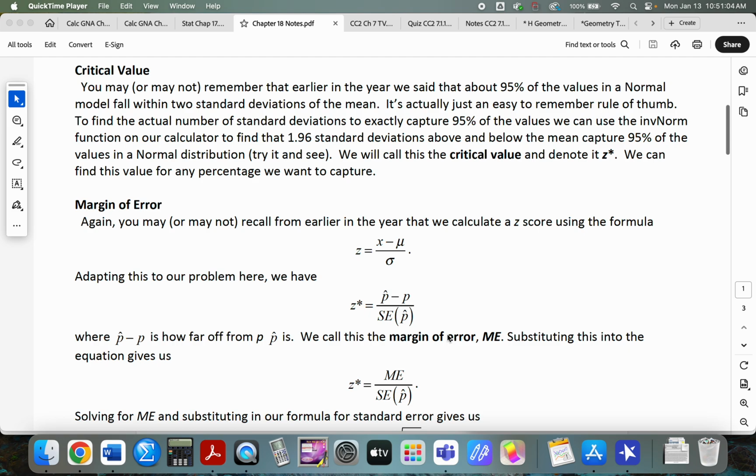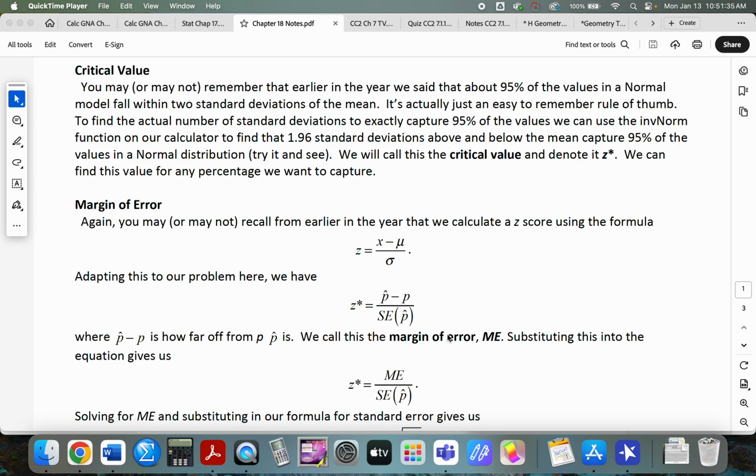So critical value, you may or maybe not remember that back earlier in the year, we said that about 95% of the values in a normal model fall within 2 standard deviations of the mean, which is what we were just talking about from last night's homework. It's actually just an easy to remember rule of thumb to find the actual number of standard deviations to capture 95% of the values. We can use inverse normal if you're doing it on a TI calculator.